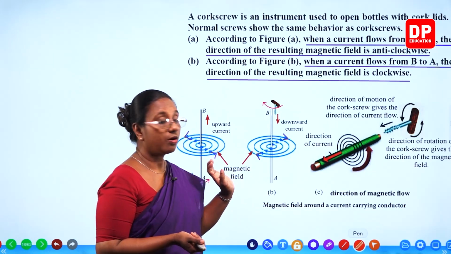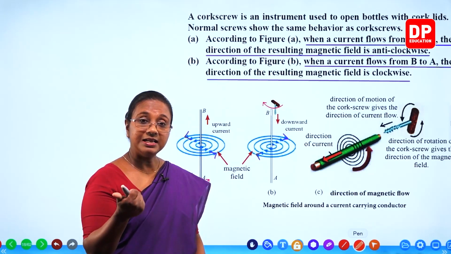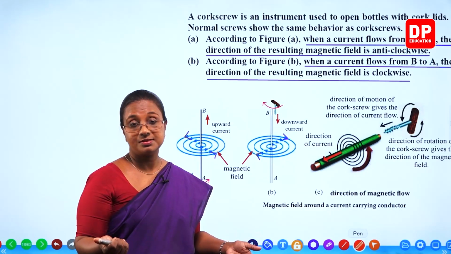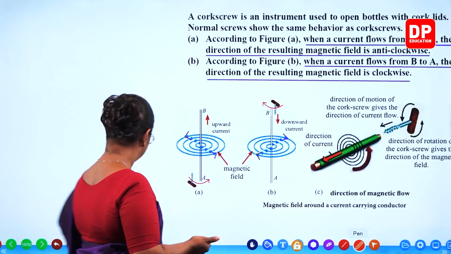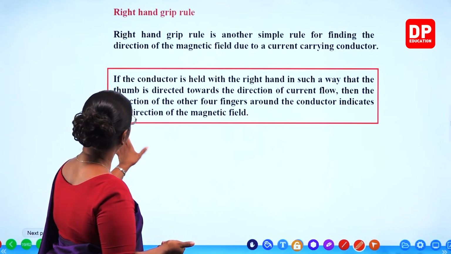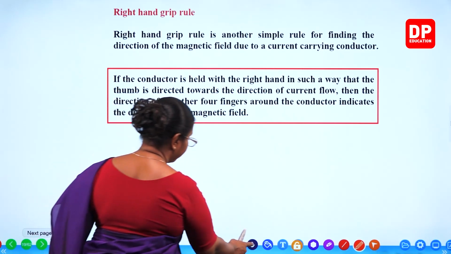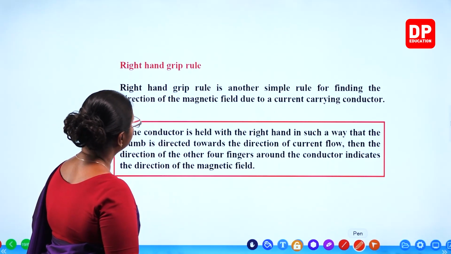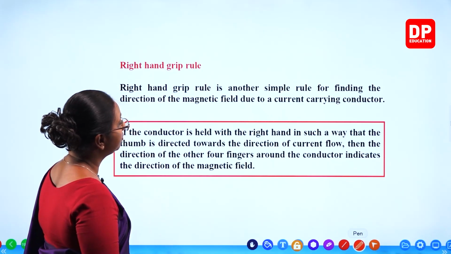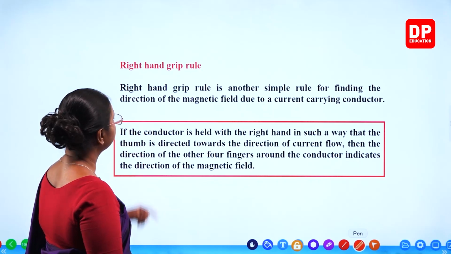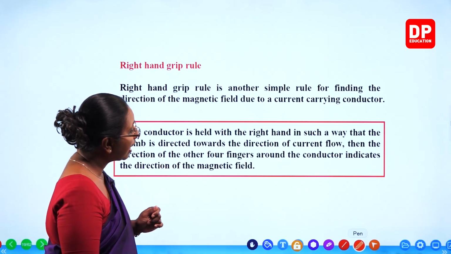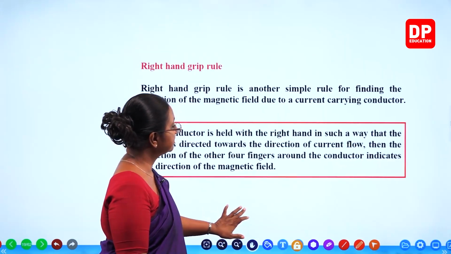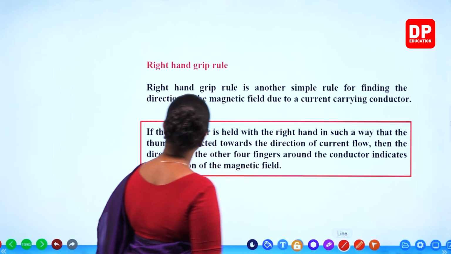This is the Maxwell corkscrew rule. This is the right hand grip rule, but both of them give the same result. So that is what I am going to discuss here. Right hand grip rule is another simple rule for finding the direction of the magnetic field due to a current carrying conductor.